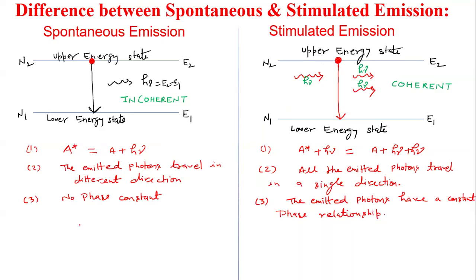Because of this, in spontaneous emission we have incoherent light. But in case of stimulated emission, because all the emitted photons maintain a constant phase relationship, here we are getting coherent light.